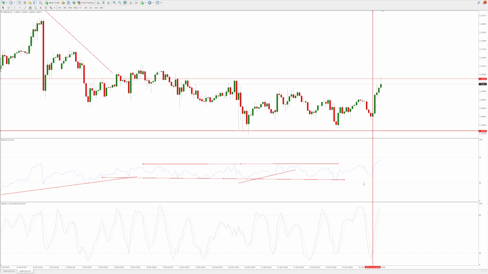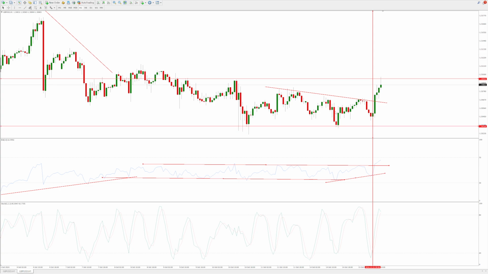A nice crossover again, RSI with some bullish divergence, and we arguably have a breakout of this divergence here, which you can just mark yourself on the chart.